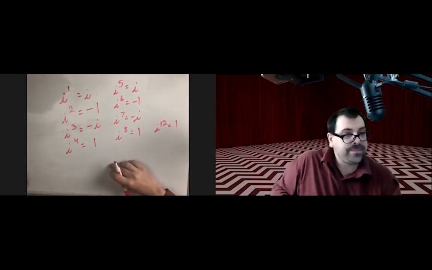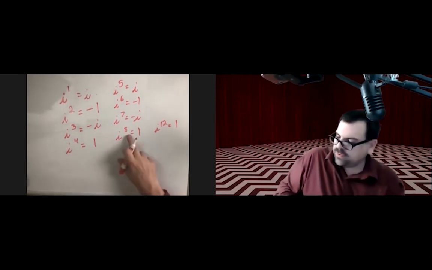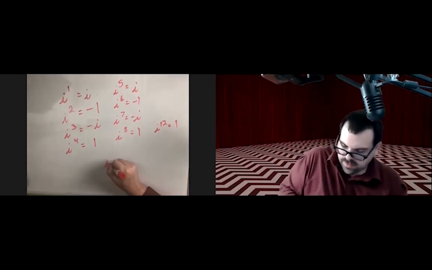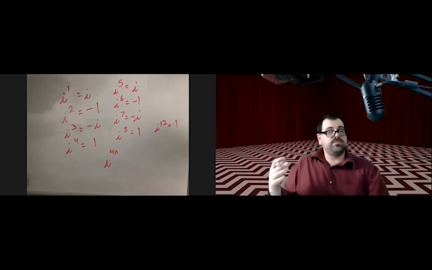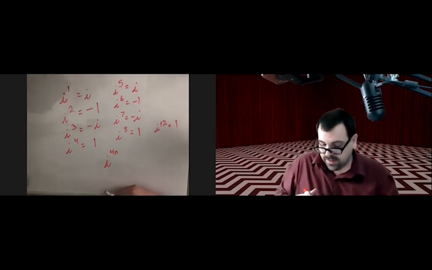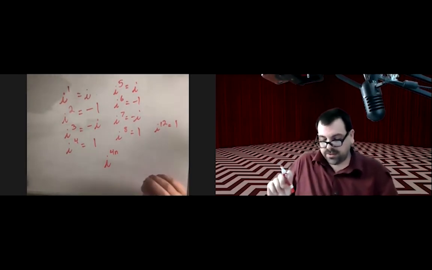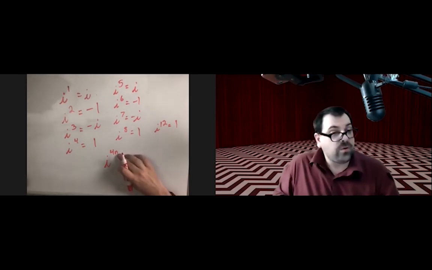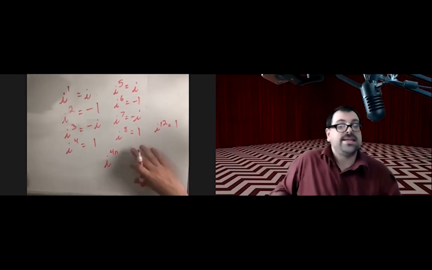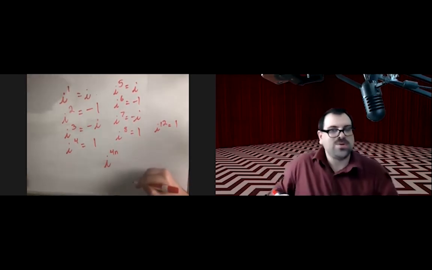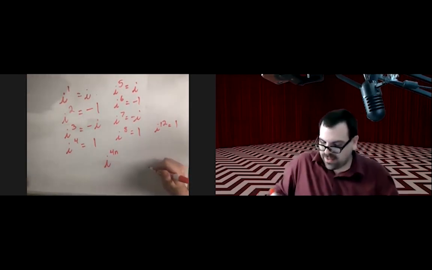In fact, every multiple of 4 power, so I to the 4n, where n is any integer, positive or negative, but the whole number part. So I to the 8th, I to the 12th, I to the 16th, I to the 20th, I to the 24th, I to the 28th.